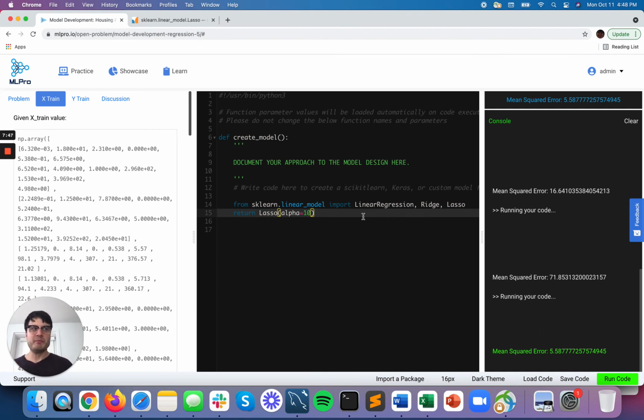And so often data does not follow those trends. It could be a curve, or it could be a squiggly line, or it could be a circle. So the only way you could possibly learn some of those patterns is to use nonlinear regression methods. So for example, polynomial regression, or you can use a decision tree for regression, or a bunch of other techniques. So that could have been another approach you took.